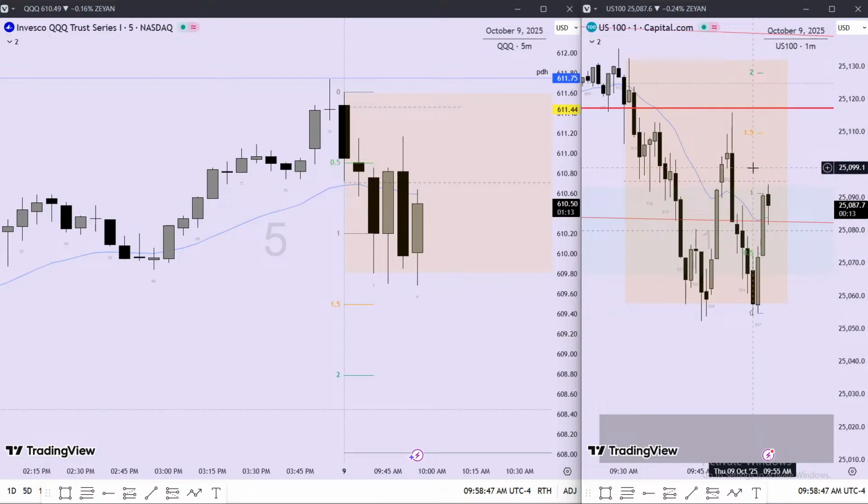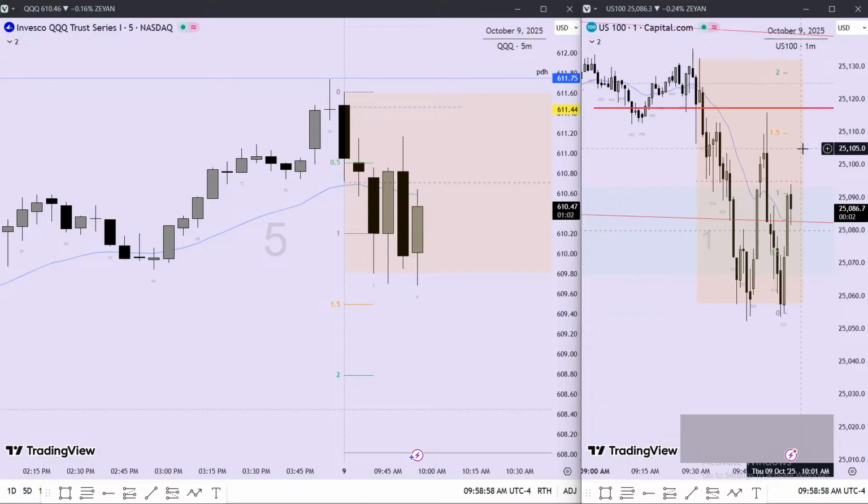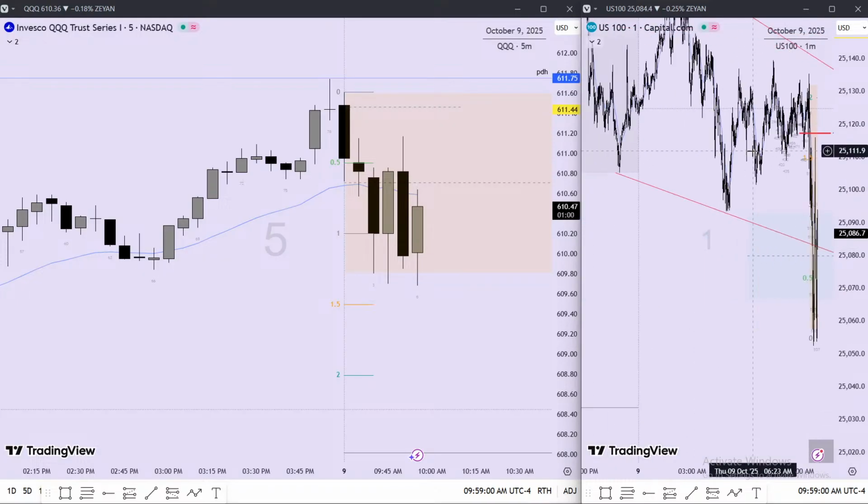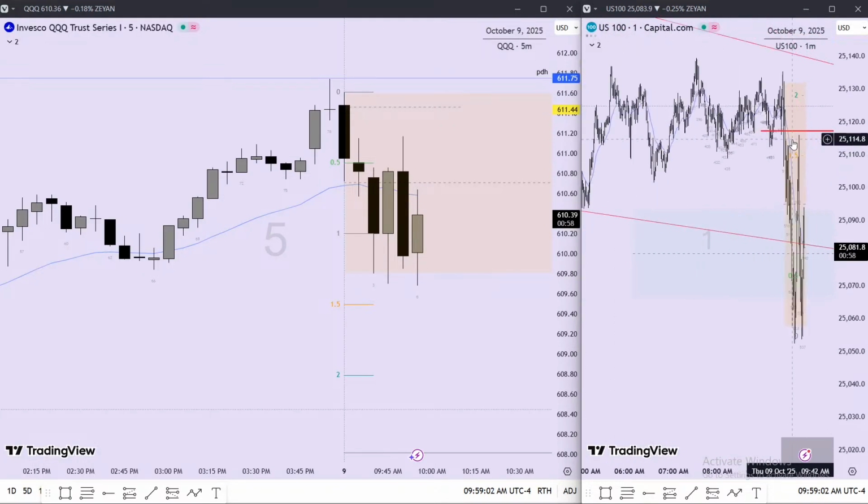First, we'll close this gap on 98, then we can easily come back to 127, which is very close to the high of the day and the Asian midnight open.